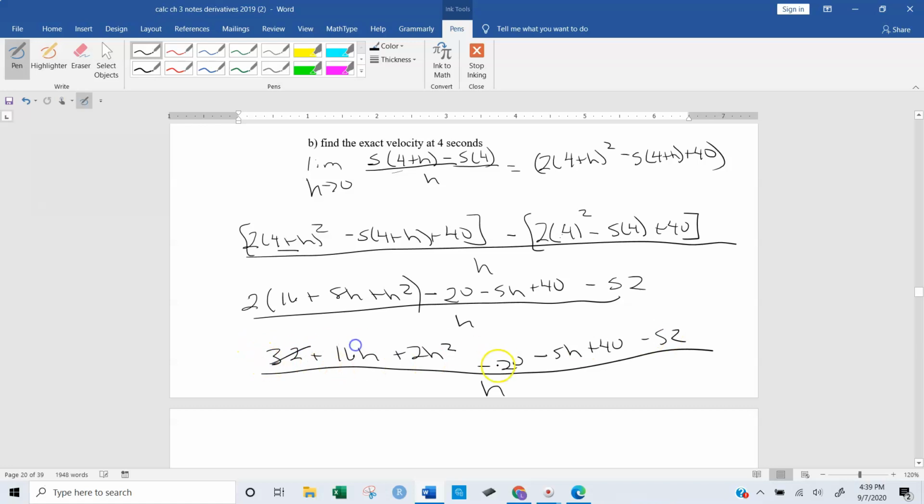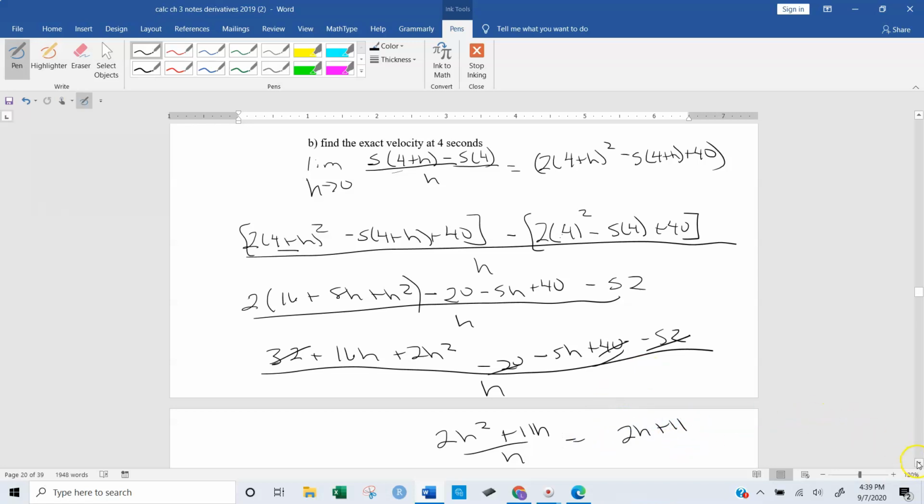Well, now let's see, 32, 20, and 52. So these are all going to cancel. We have 2h squared plus 11h. So now we have 2h squared, this is gone, plus 11h all over h, which is equal to 2h plus 11.